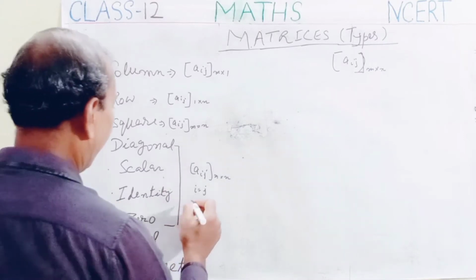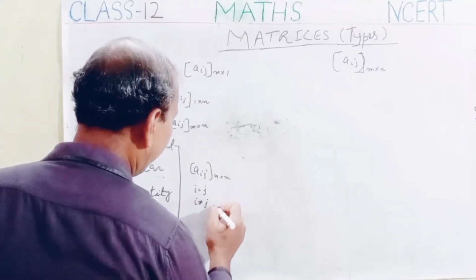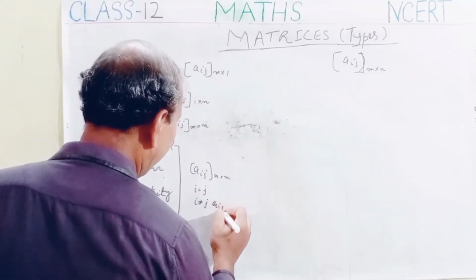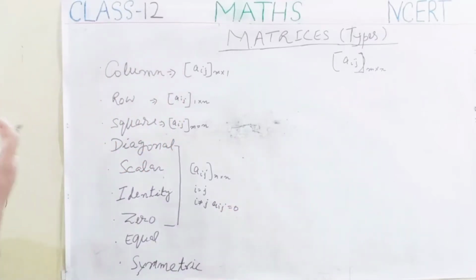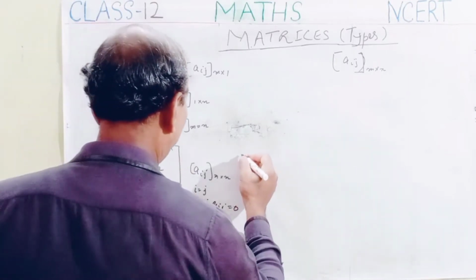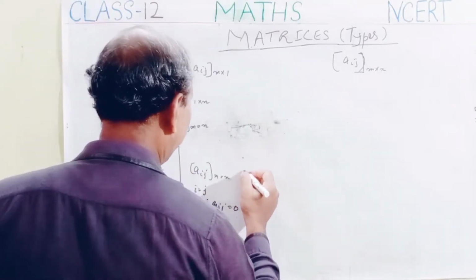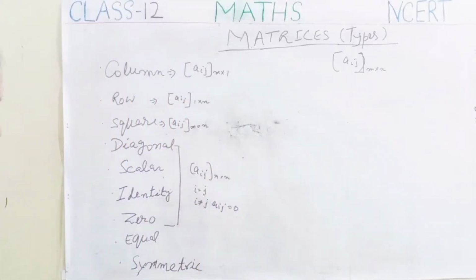But if I is not equal to j, then the value of Aij is equal to 0. So I'm defining all these 4 with one example.